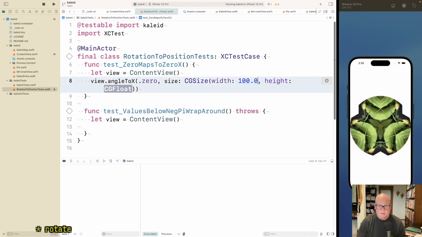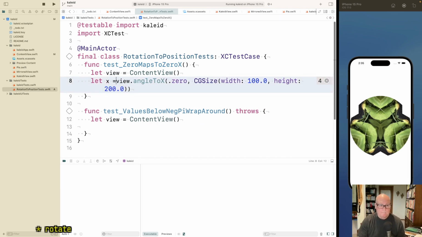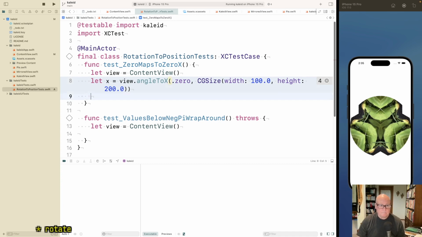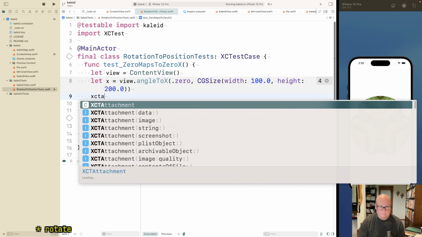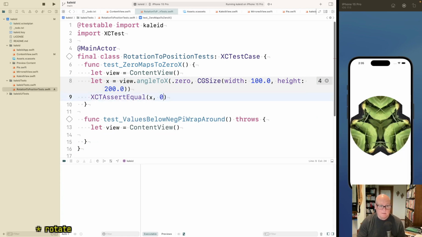Well, let's just make it 100, and we don't care about the height. Okay. Okay, I expect x to be 0.